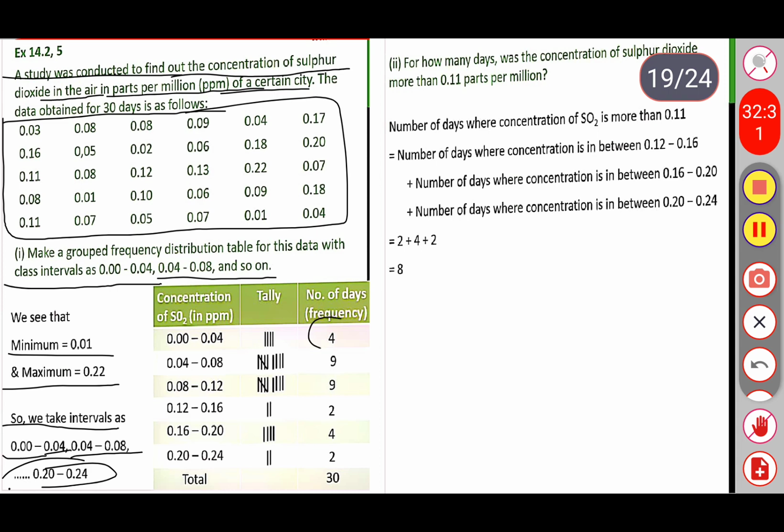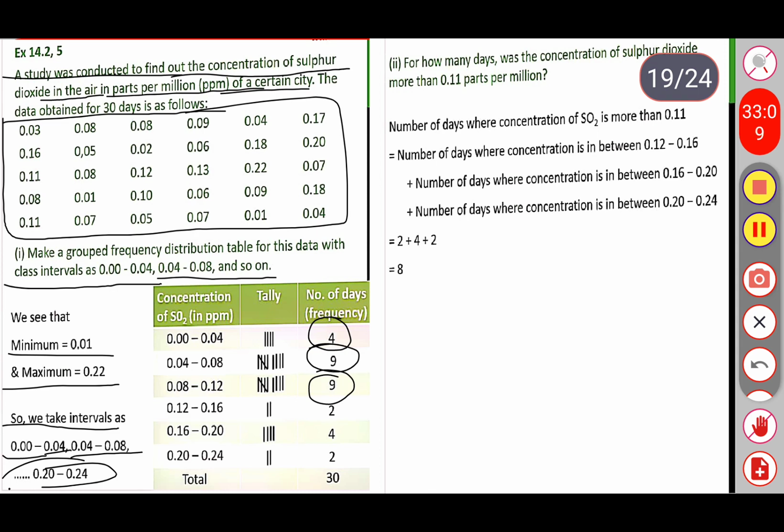Here in 4 days, the sulfur dioxide concentration lies between 0 to 0.04. 9 days have the concentration between 0.04 to 0.08. Again the same, 9 days have a concentration of sulfur dioxide between 0.08 to 0.12.